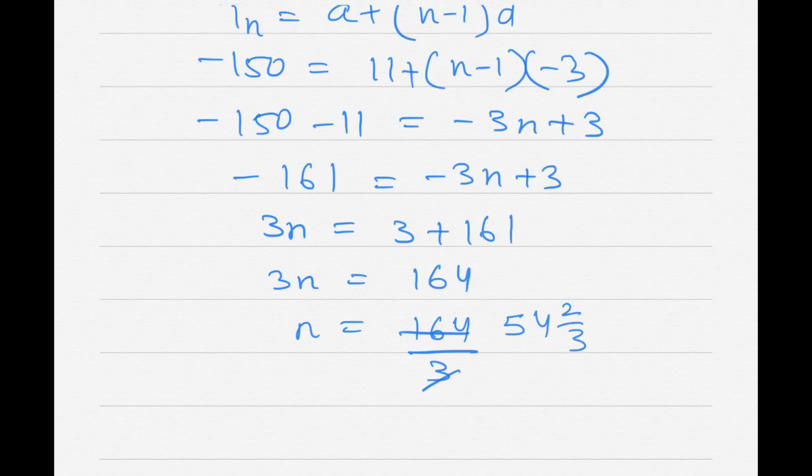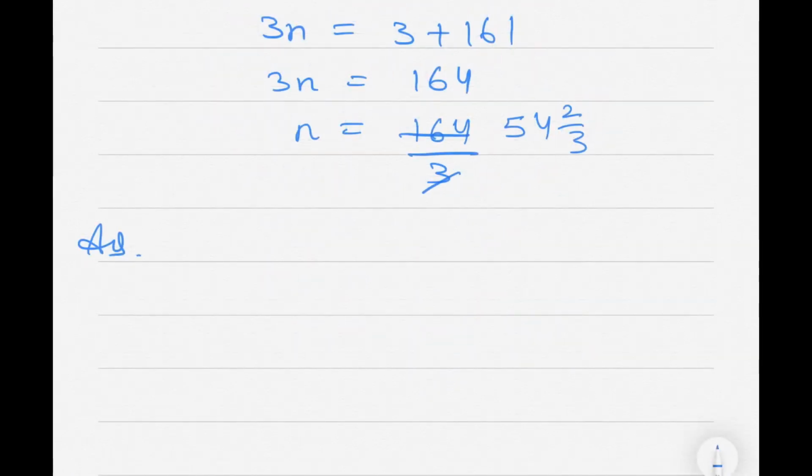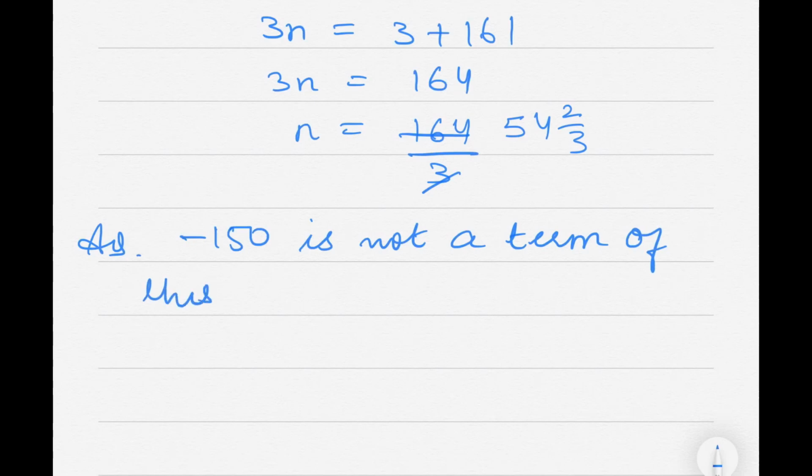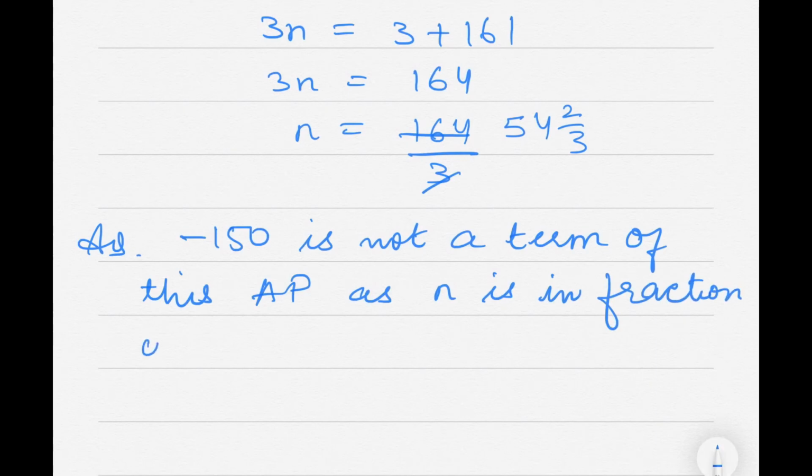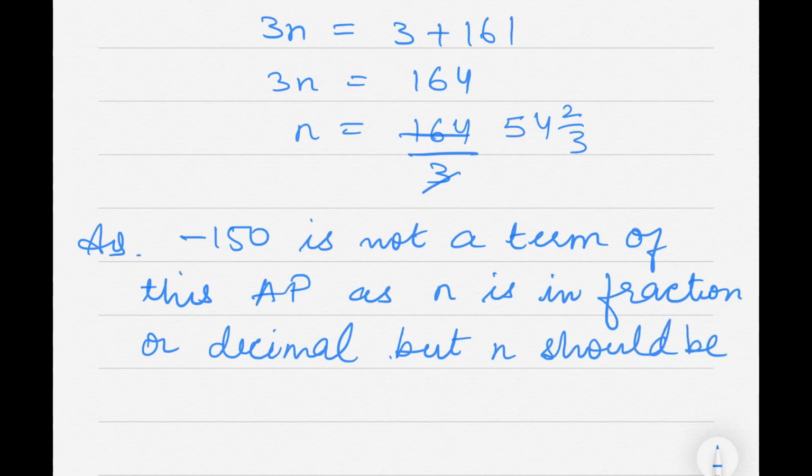So the number of terms can't be in fractions or decimals. So we can say that minus 150 is not a term of this AP, as we are getting n in fraction, or we can say in decimal, but n should be a positive integer.